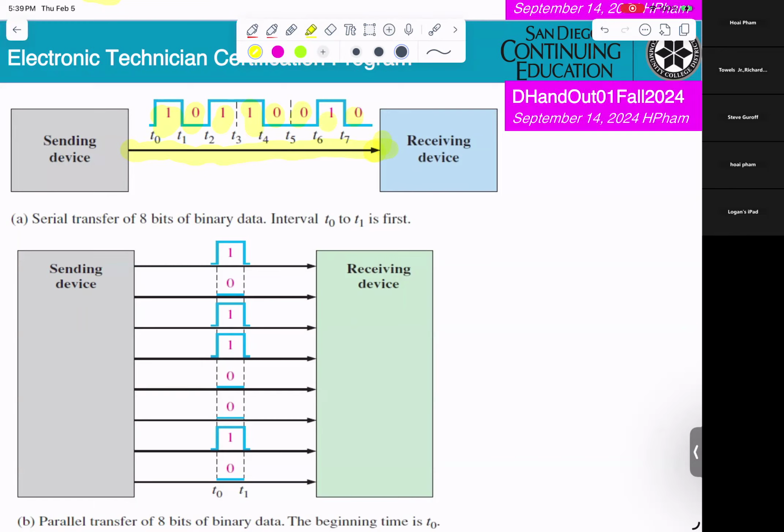So basically, you transmit a lot of binary, but you're using only one wire. That's what they call serial data.